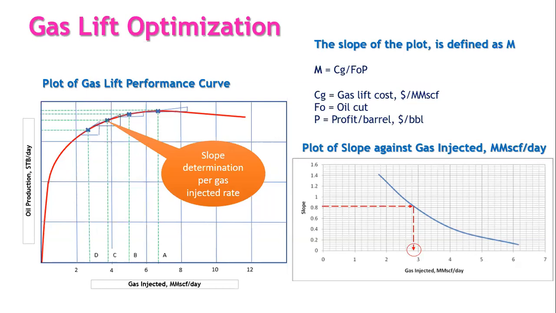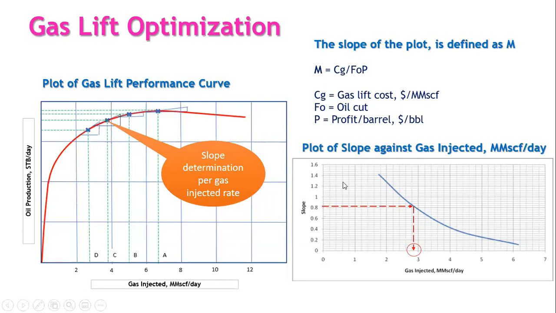But anyway, with this information, we plot this blue curve, which is the slope versus gas injected. The slope we have from this plot on the left.